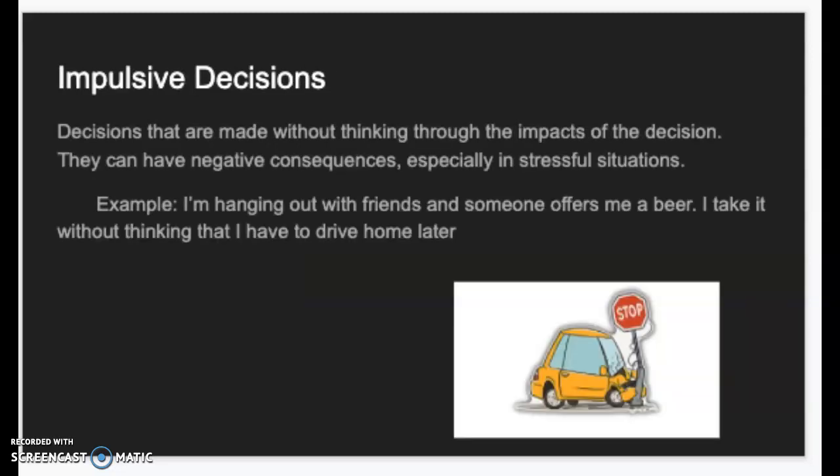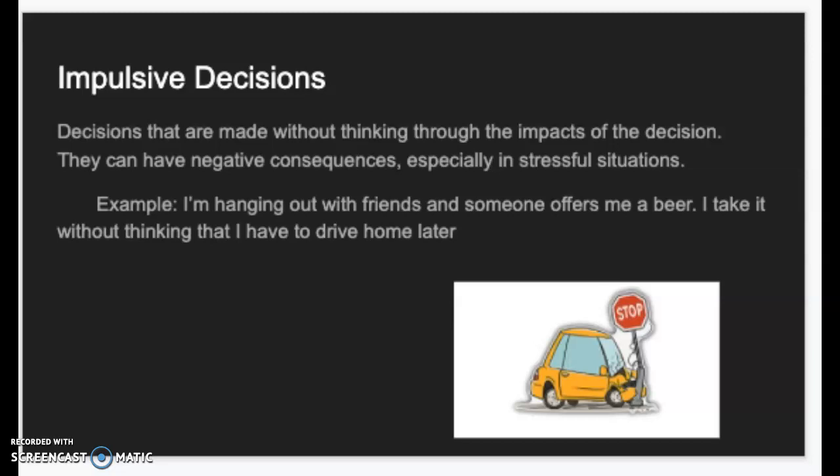Another type of decision is an impulsive decision. These are things that you do without thinking through the impacts or the consequences of your decision, and they could have very negative impacts on your life, especially in situations that are really stressful. So I think a lot of you guys could maybe relate with any situation where you're at like a party or somewhere where people could be offering you substances that aren't legal for people your age.